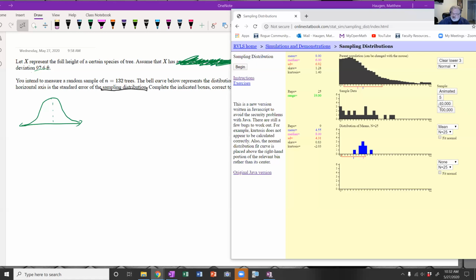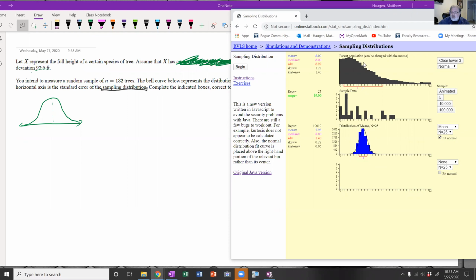Now I'm going to do this a whole bunch more times, 10,000 times. What does this curve start to look like? Notice it doesn't look like our population curve. It doesn't look like our data distributions. It should be looking like a nice normally distributed curve, because our sampling distributions are distributions of our averages, and those averages are held fairly tight around the actual average of our data.